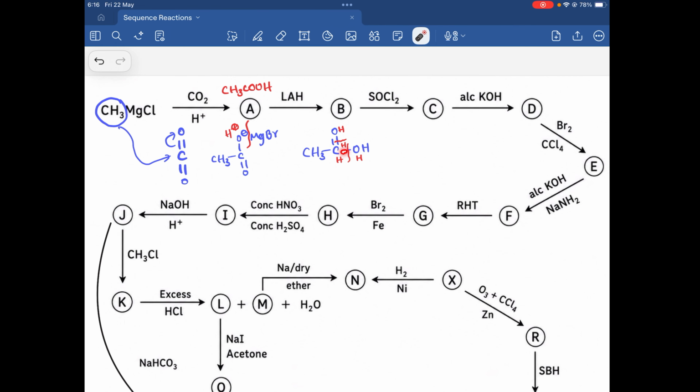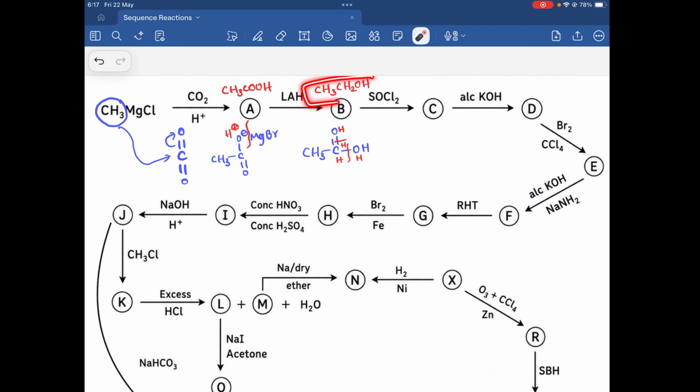So whenever you break this bond, this H2O molecule will get separated. And here we are breaking one of the bonds between carbon and oxygen, and we are adding hydrogen atoms like this. So what do we get now? We'll get CH3, CH2, single bond OH, which is ethanol. So compound B is CH3CH2OH, which is ethanol.